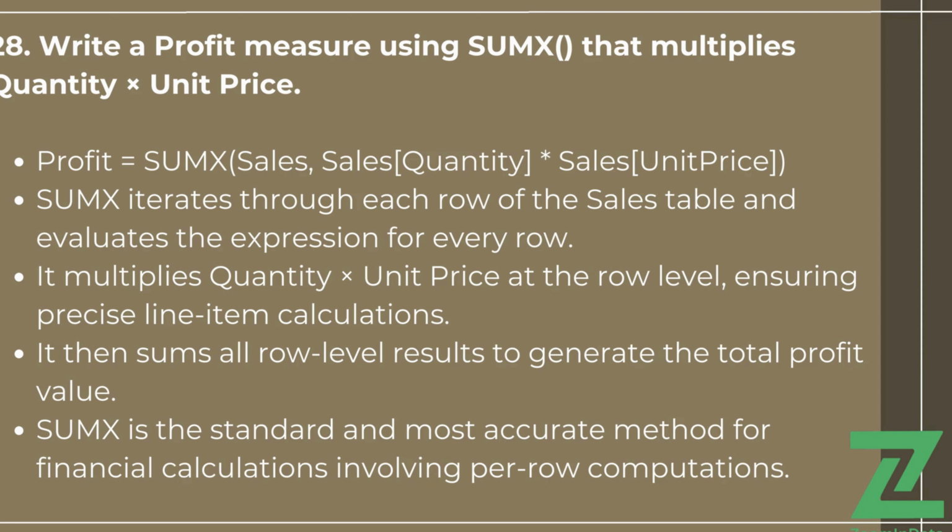It is the standard and most accurate method for financial calculations that require per-row computations. For example, writing Profit = SUMX(Sales, Sales[Quantity] * Sales[UnitPrice]) will calculate the total profit by multiplying quantity and unit price for each row and then summing all the results.